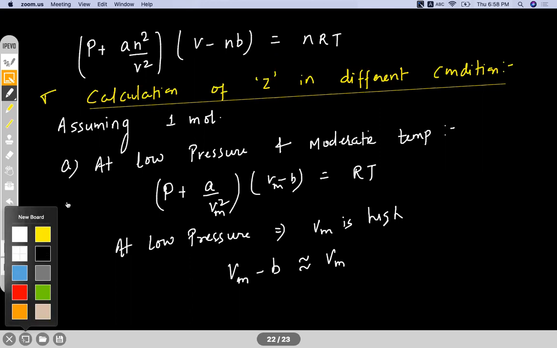Okay. Now, the second condition you see is at high pressure and moderate temperature.